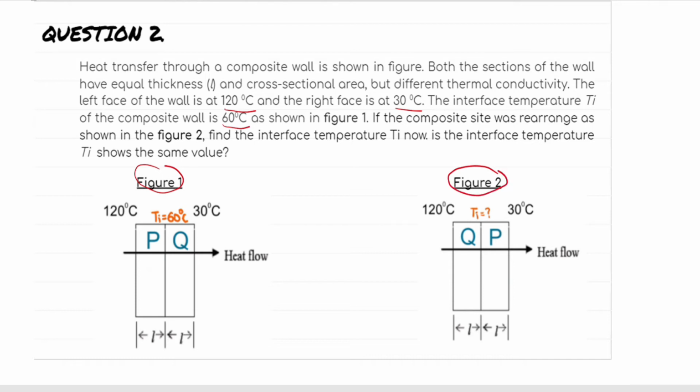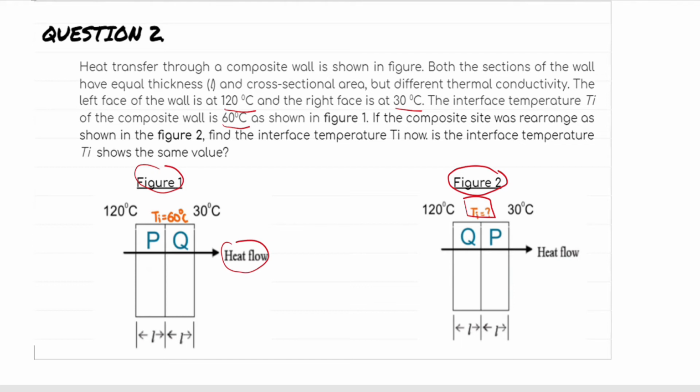Okay, so we need to find the interface temperature if the wall is rearranged in a different arrangement. The first thing that we need to find is the ratio of thermal conductivity of both walls. This arrow represents the heat flow, from the higher temperature to the lower temperature.